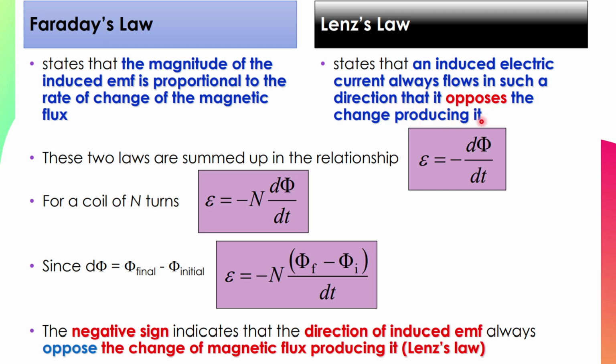So in order to determine the direction of the induced current, we need to know that the induced electric current always flows in such a direction that it tries to oppose the change producing it.